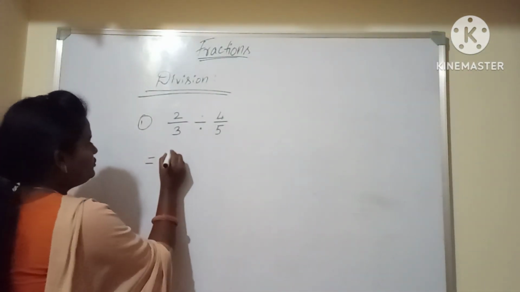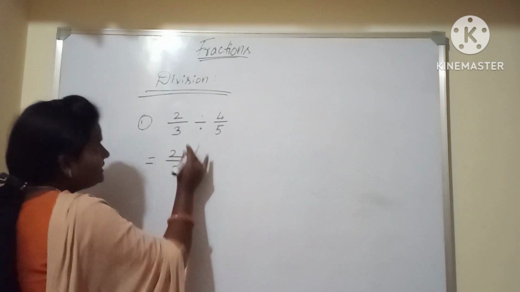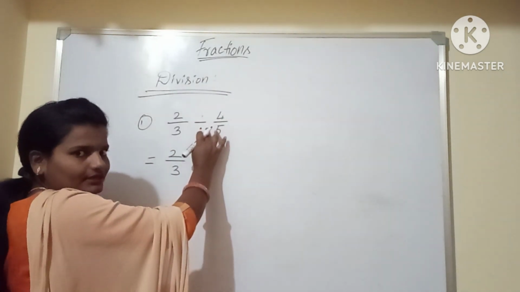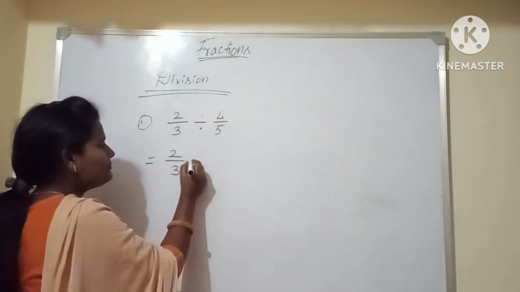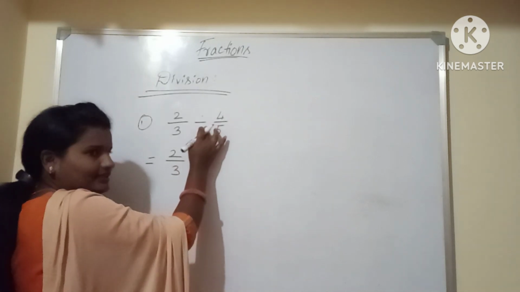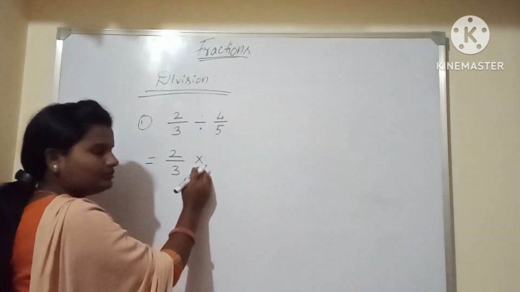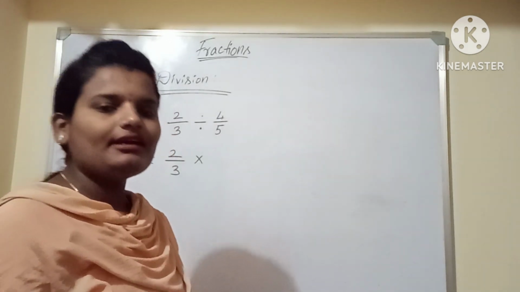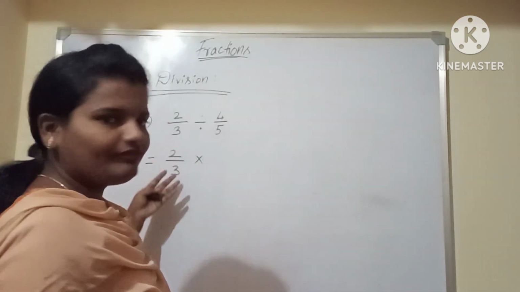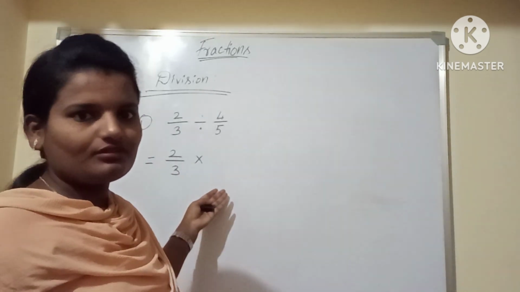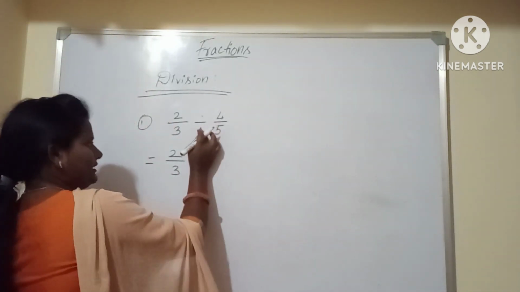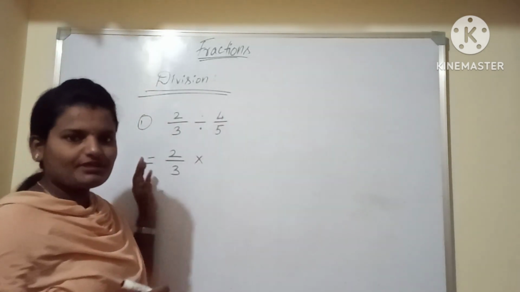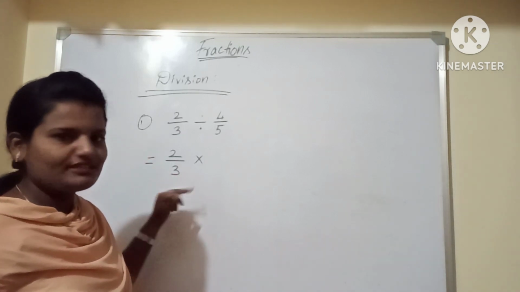So 2 by 3, this division operation I am changing to multiplication. Why I am changing it? Because here we can simplify easily. So I am changing the division operation to multiplication operation.